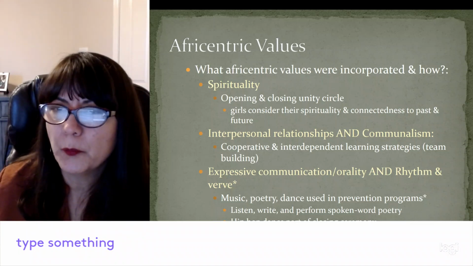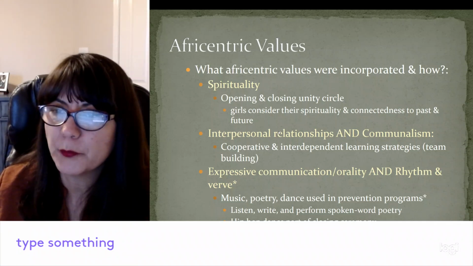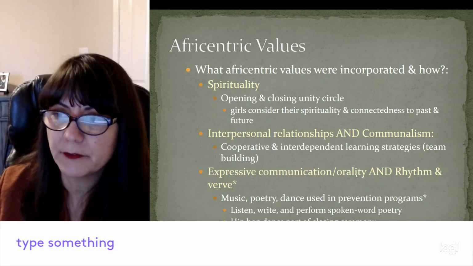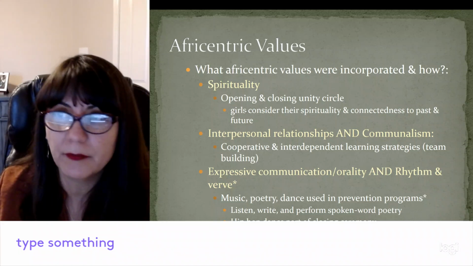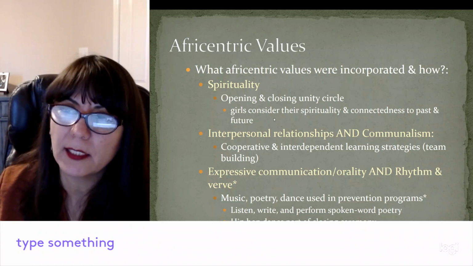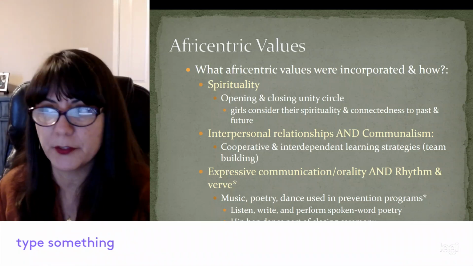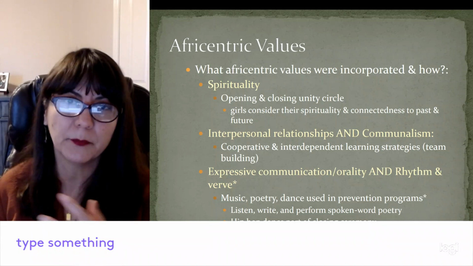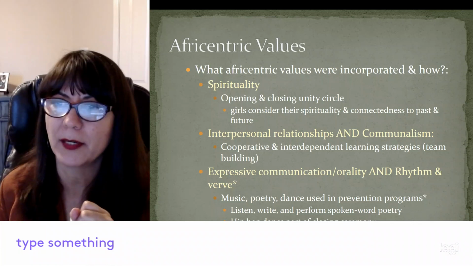Okay, so particular values that they tried to incorporate were spirituality, interpersonal relationships, communalism, expressive communication and orality, and rhythm and verve. For spirituality, they wanted the girls to consider their spirituality and connect themselves not only to their present, but also to their past to define who they are today, right?